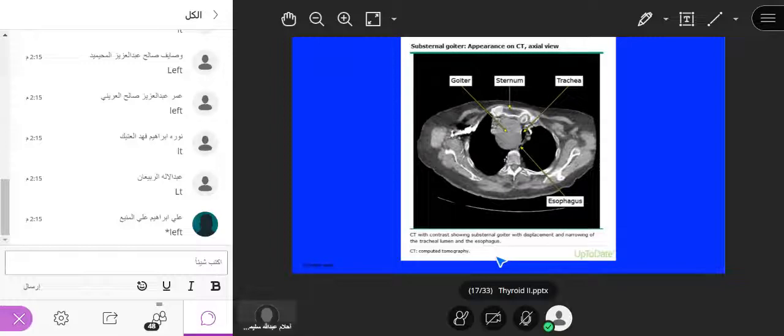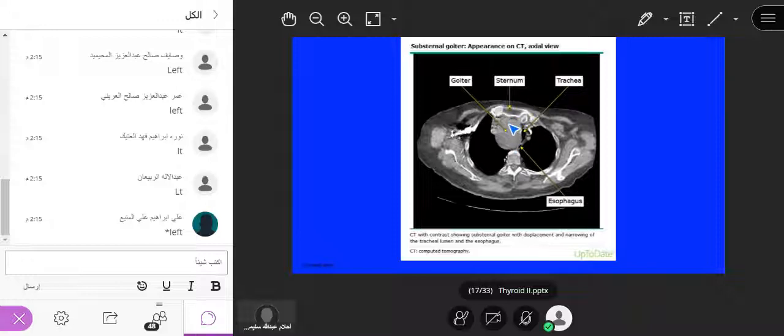Same thing. This is a CT scan for the same patient with a retrosternal or substernal goiter. So this is the goiter. Normally, we don't see thyroid in the chest on the chest X-ray or CT chest. The thyroid is in the neck, not in the chest, so it's abnormal to see thyroid structure behind the sternum.